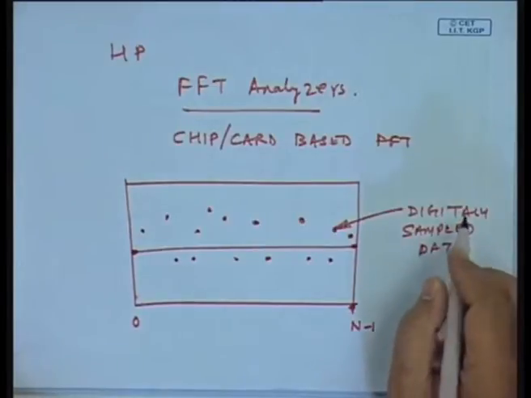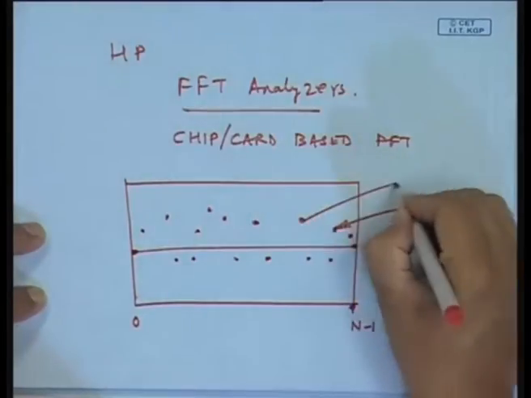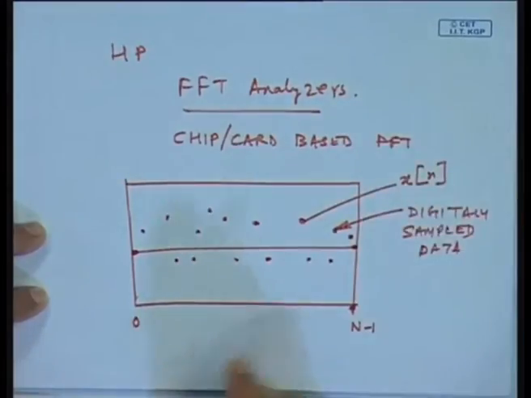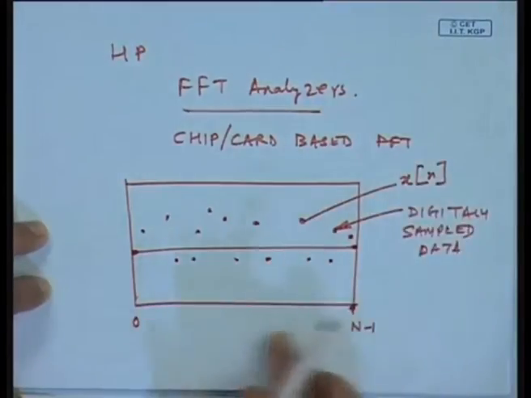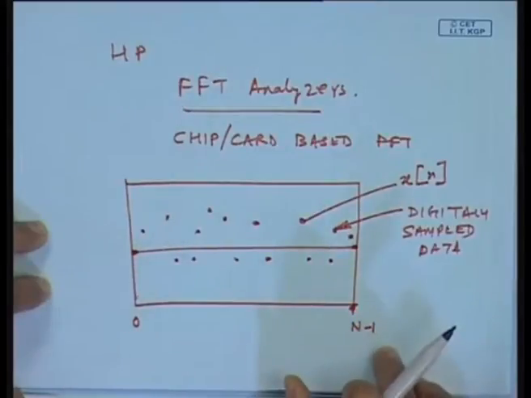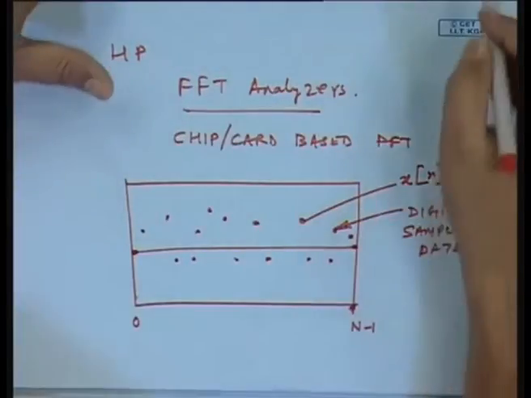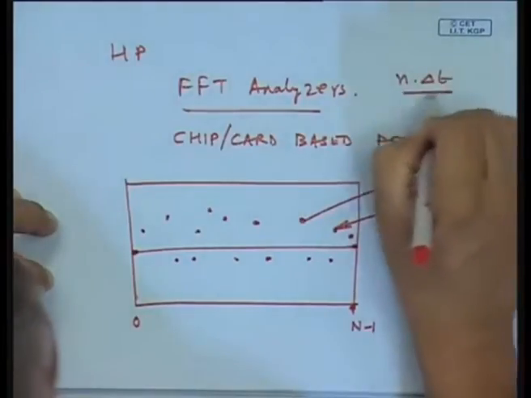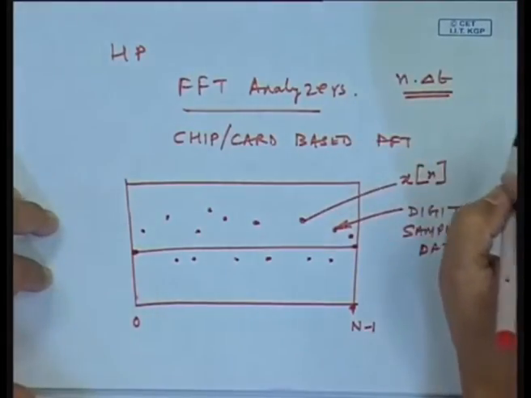Okay. So, this corresponds to each of your x n, and I will have such an array of n data points. All I need to do is sample it at time index n times delta t, where delta t is the sampling interval.